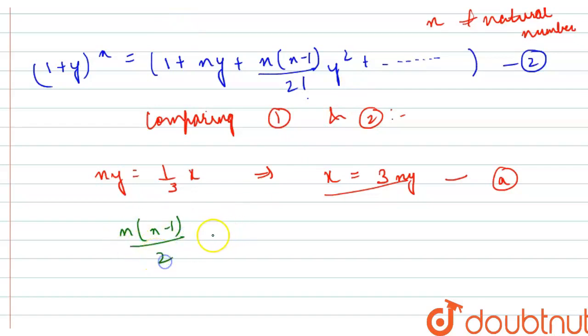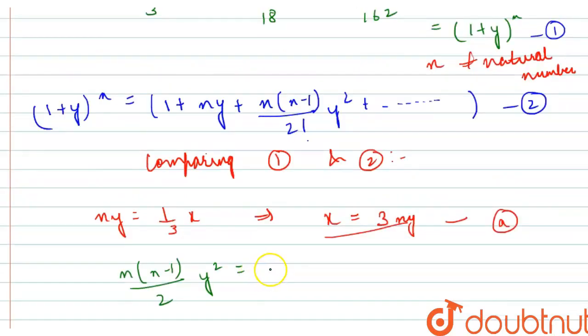n into n minus 1 upon 2 factorial y square is equal to 4 upon 18x square. Now I am replacing this x by 3ny, so it would be equal to 4 upon 18 into 3ny square.